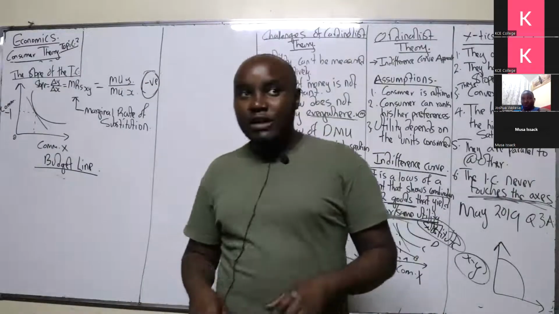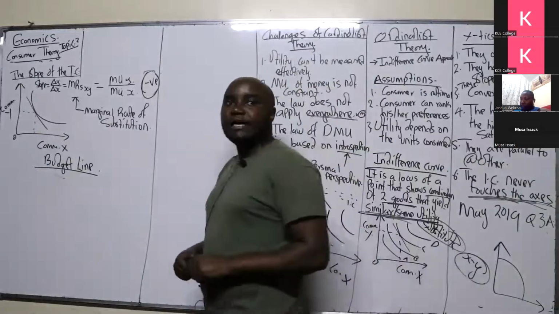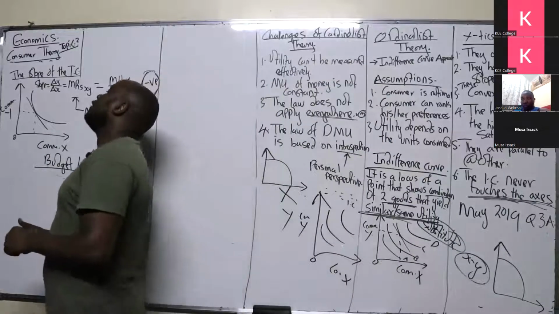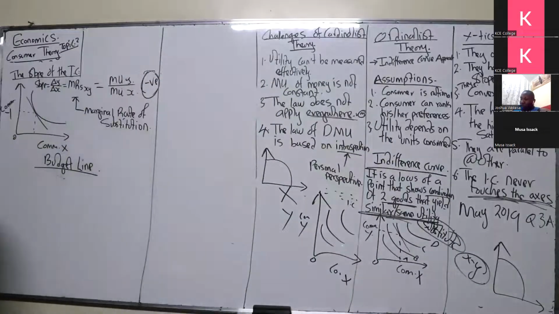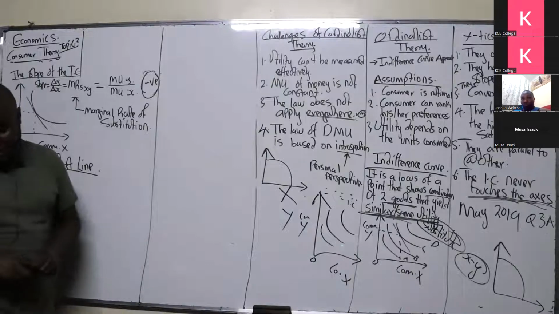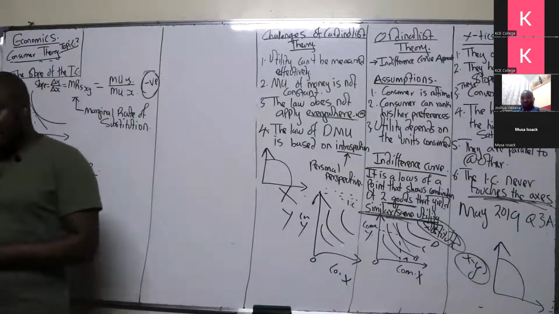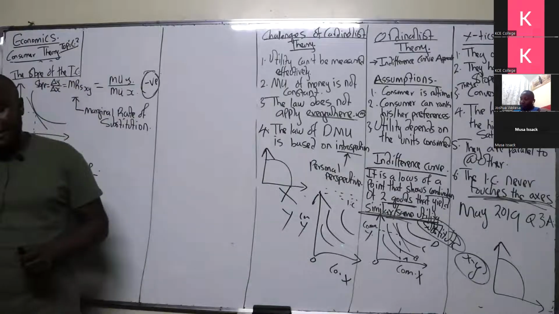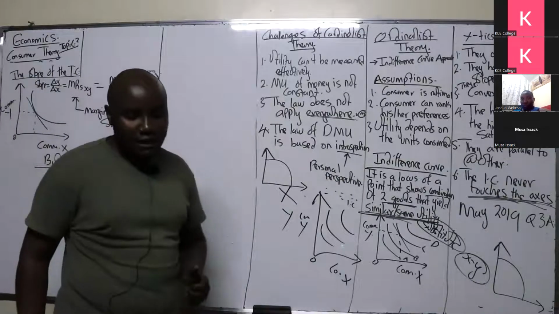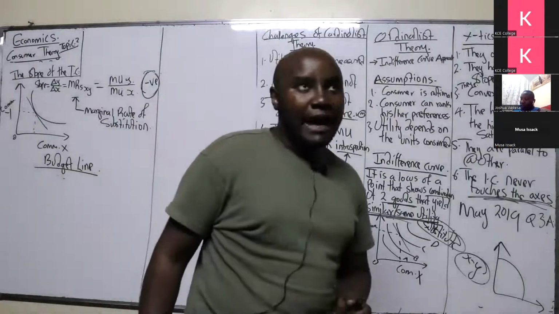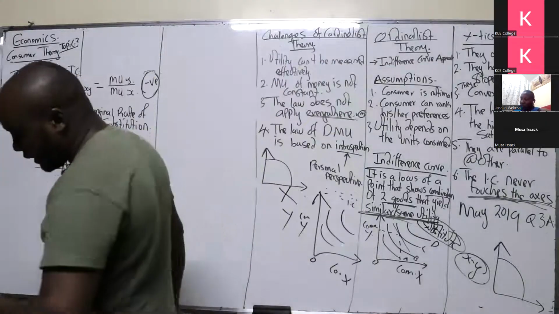So it's a locus of a point that shows the quantity that can be purchased of the two commodities with a given money at a given market price.